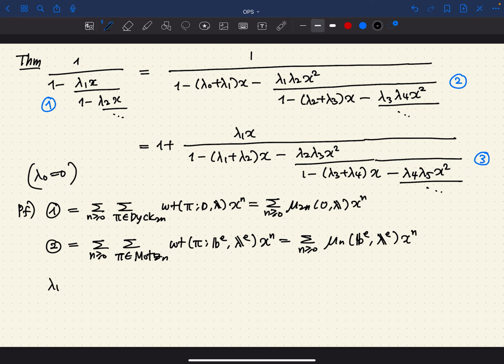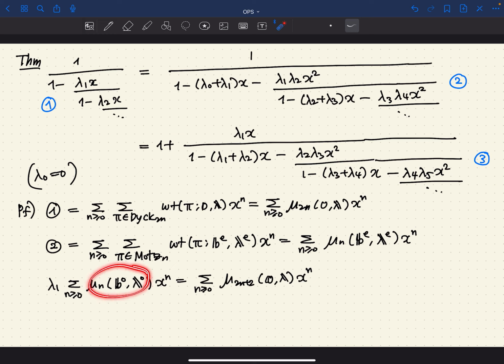We know that lambda 1 times the sum of mu n, b, lambda, x to the n is equal to the sum of mu 2n plus 2, lambda, x to the n. We know this times this is equal to this. That's one of the theorems that we proved. Now the index is not from 0, but starts from 2.